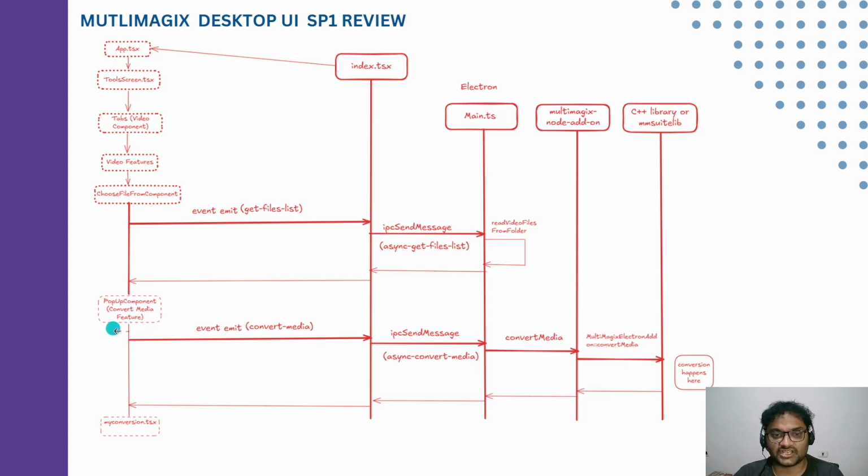Now if you click the convert button, an event is emitted called convert media. In this pop-up component the title is convert media feature, and inside it you have a drop down menu.